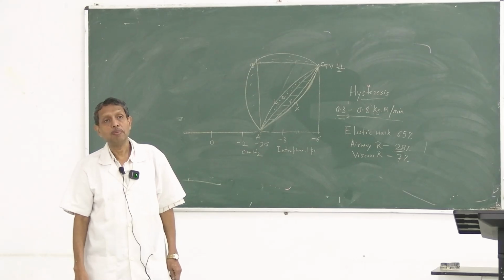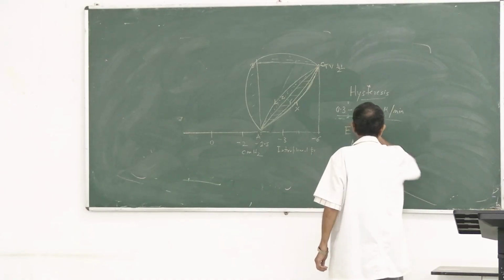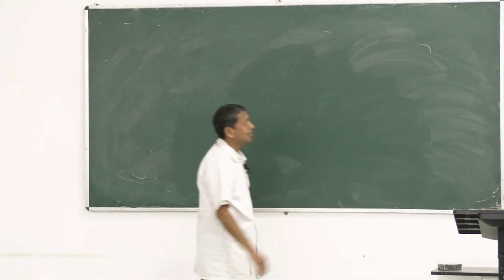Relaxation pressure volume curve, that can be understood. In that case, you have to consider the transmural pressure.